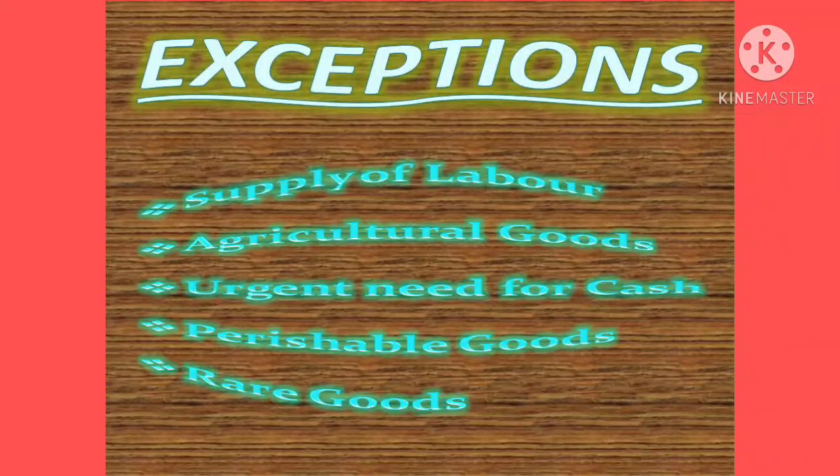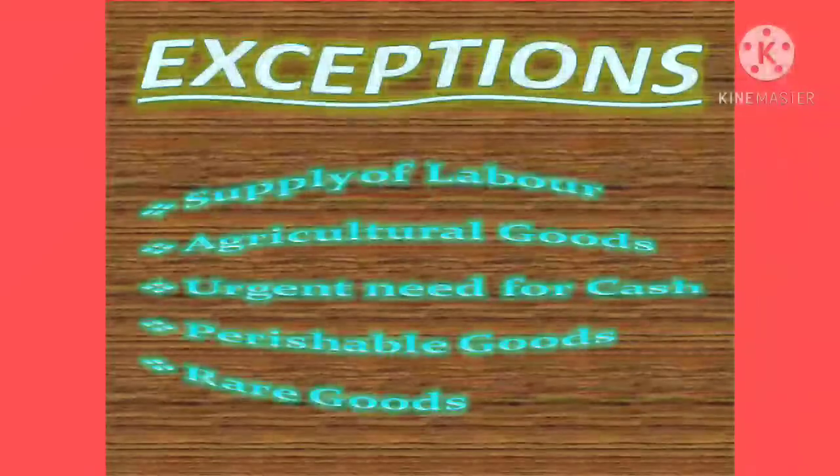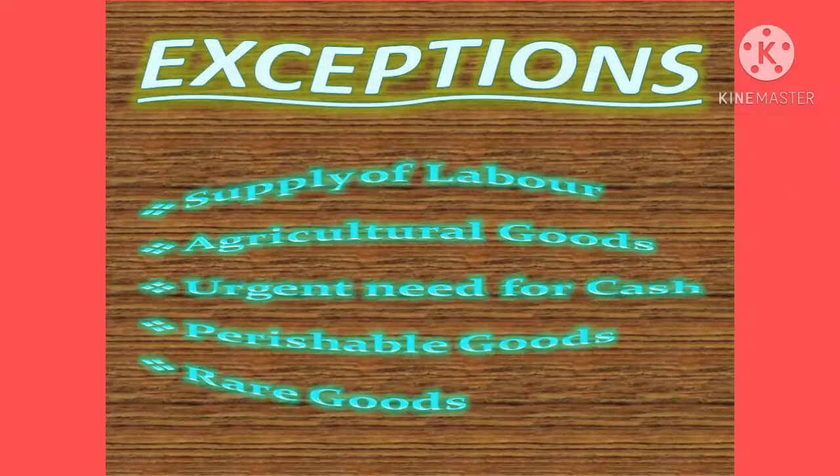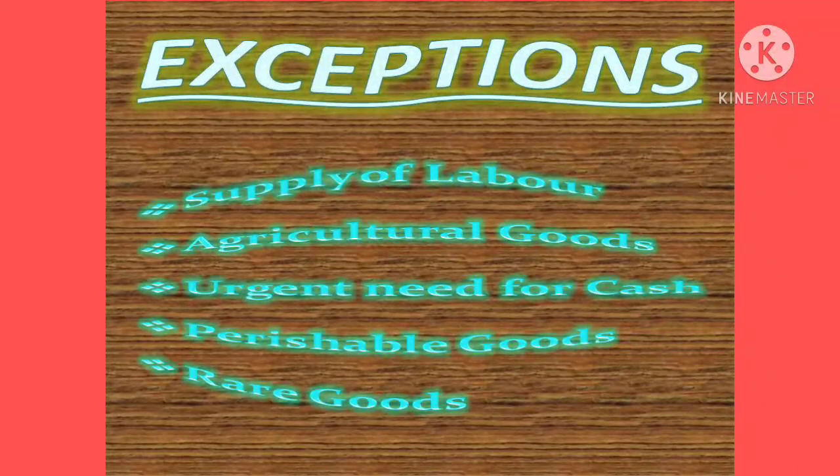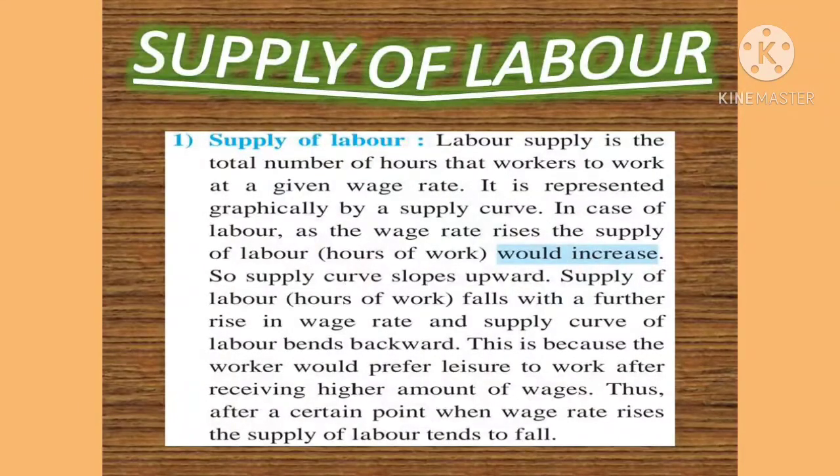Such exceptional cases are: first, supply of labor; second, agricultural goods; third, urgent need for cash; fourth, perishable goods; and fifth, rare goods. Let us see how each point is an exception to the law of supply.